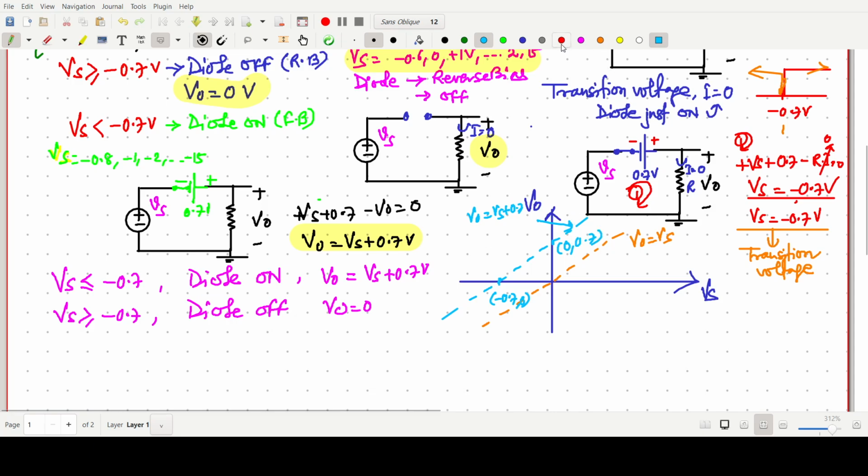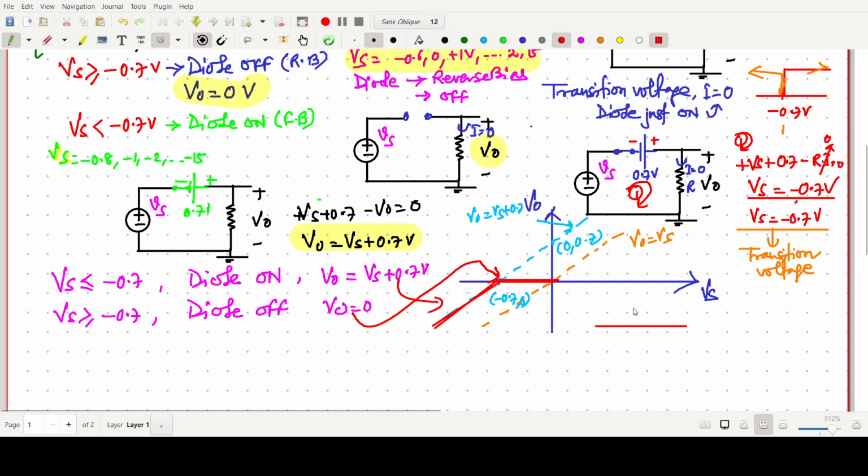The diode will conduct, diode on, for Vs less than minus 0.7. So during that time this line will be there. This will be the line that we are interested in, and above this V naught will be 0. So this one will be V naught equals Vs plus 0.7, and this one will be the 0.